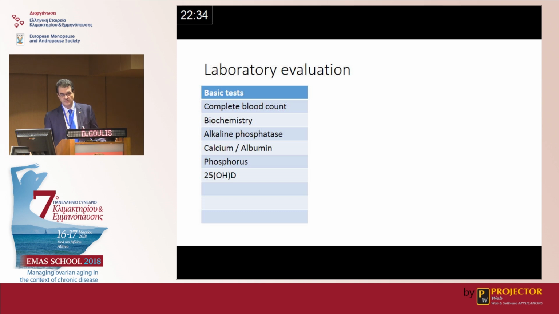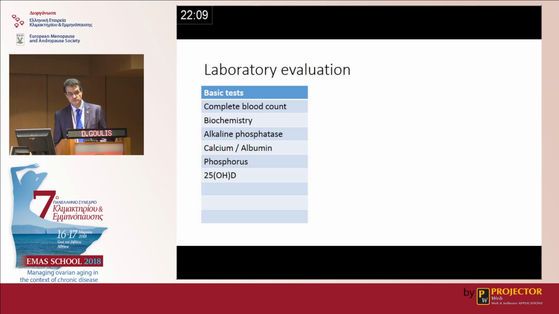Concerning laboratory evaluation, I would consider this more or less a basic evaluation: complete blood count, together with biochemistry, including alkaline phosphatase, calcium corrected with albumin, phosphorus, and 25-hydroxy vitamin D. You may add TSH in this basic test.